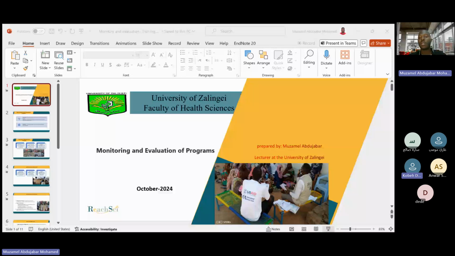Because the donors and the people who benefit from that project, and also the managers, know how this resource is distributed or used. It is difficult to know how this resource is used without monitoring and evaluation. That means this is also an importance of monitoring and evaluation.